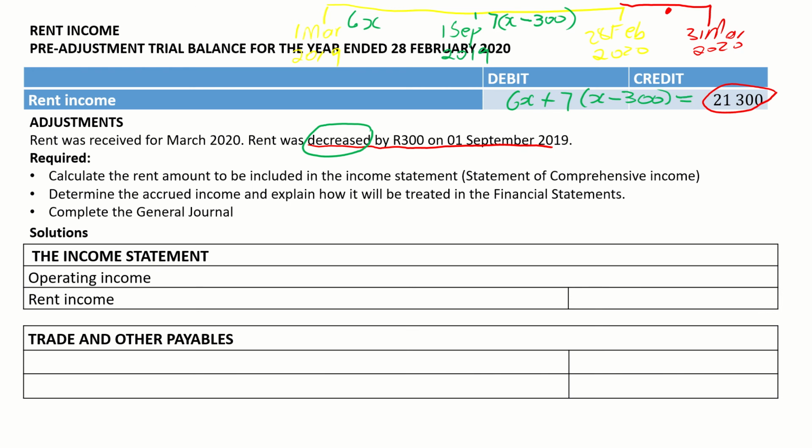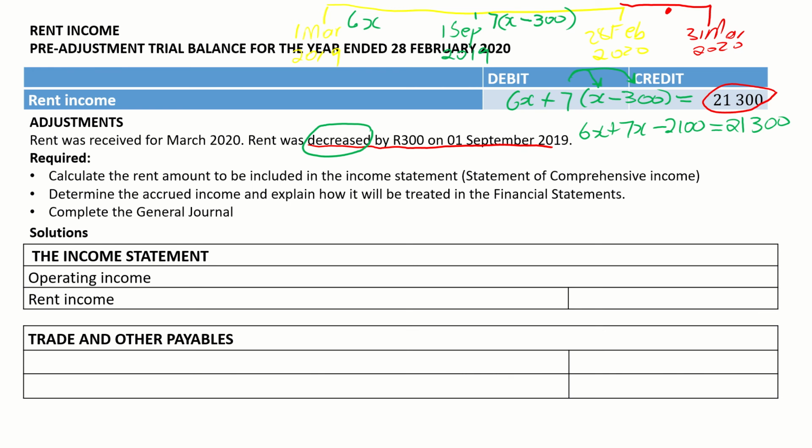And then it will simply be equal to 21,300. Now break that bracket by multiplying by 7. You will end up having 6x plus 7x minus 300 times 7. 300 times 7 will be 2,100. This will be equal to 21,300. And then you're going to take this 2,100 to the right-hand side.